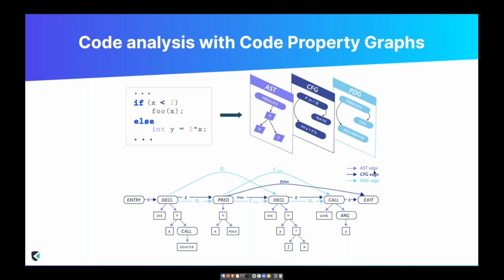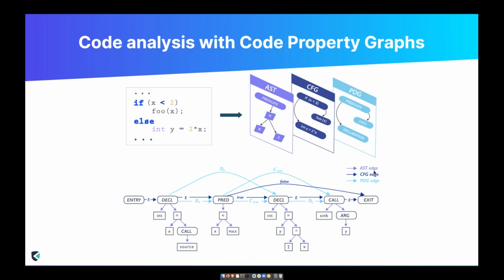But instead of compiling it to an executable format, Shift Left is generating a code property graph, which is a combination of the abstract syntax tree, the control flow graph, and the program data flow graph. And it's building this graph so that it can run queries to identify security vulnerabilities.